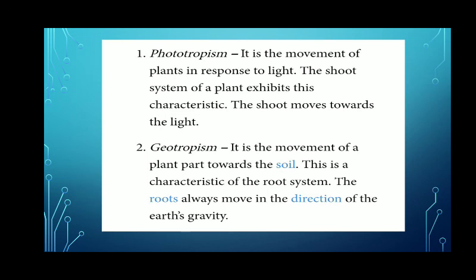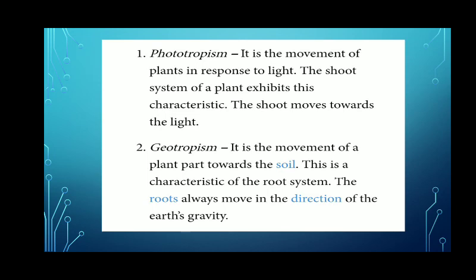As we all know, the roots of a plant bend towards the soil for absorbing water and minerals. Thus the root of a plant always moves in the direction of earth's gravity, so roots of a plant are positively geotropic.